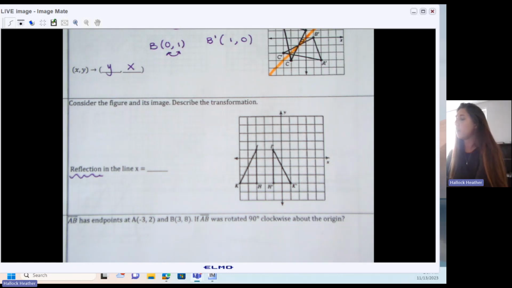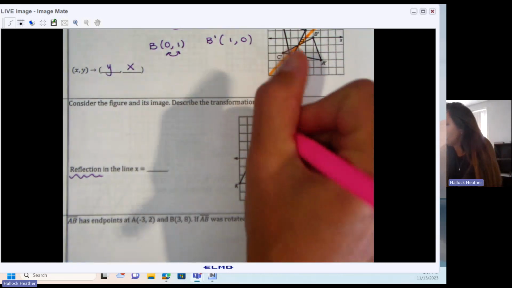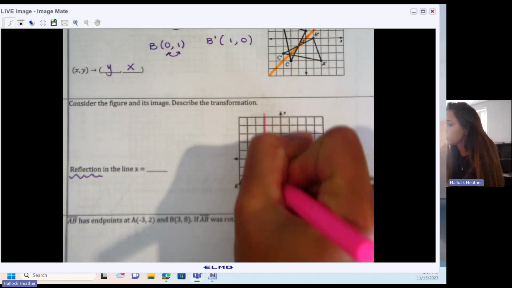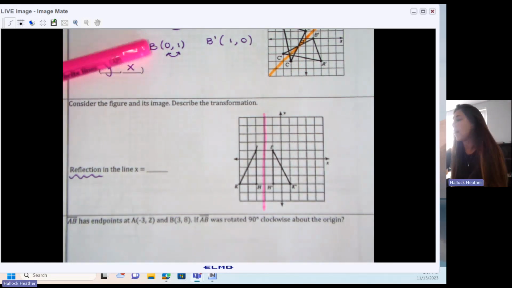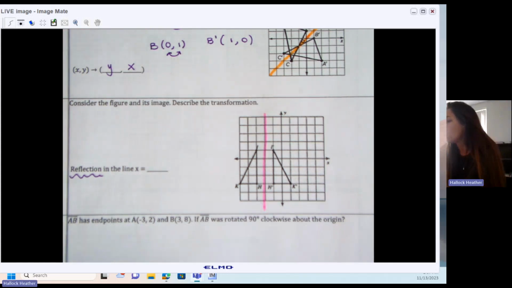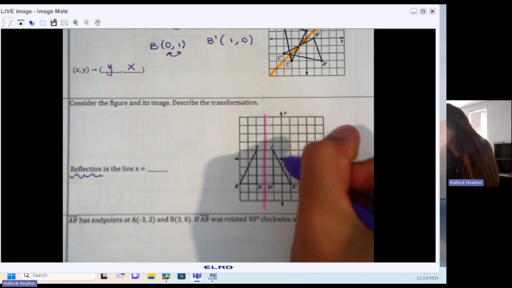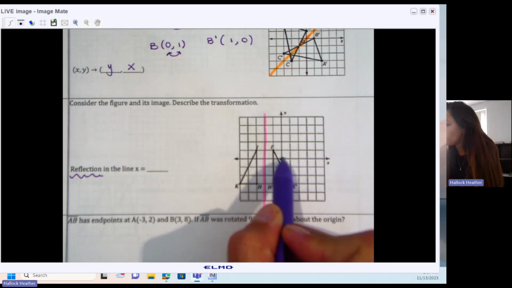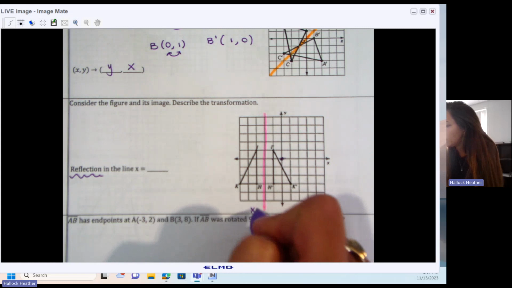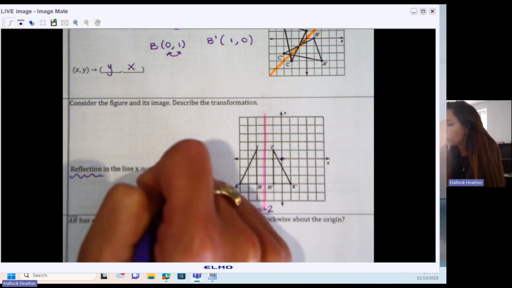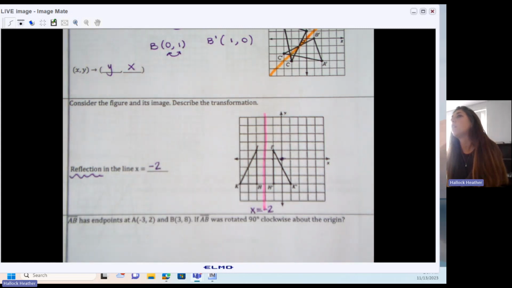So in this case, my line of reflection is between the two triangles. Then I just have to figure out what number that's at. If this is (0, 0), and I go to the left 1 and left 2, this value would be x equals -2, which is a perfectly vertical line going through my graph.